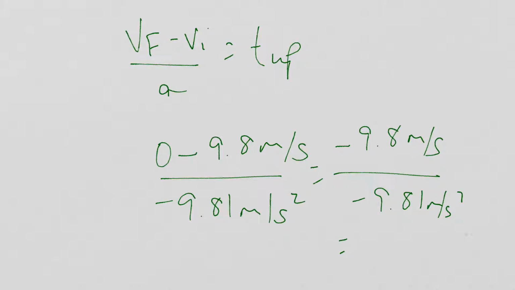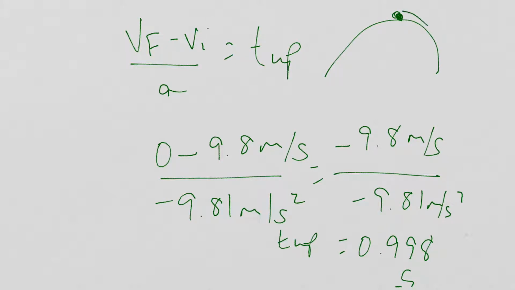This gives us 0.998 seconds. And this is for T up. Now, it wants to know the total time. So if this is just T up, we then need T down. So T down is the same as T up.